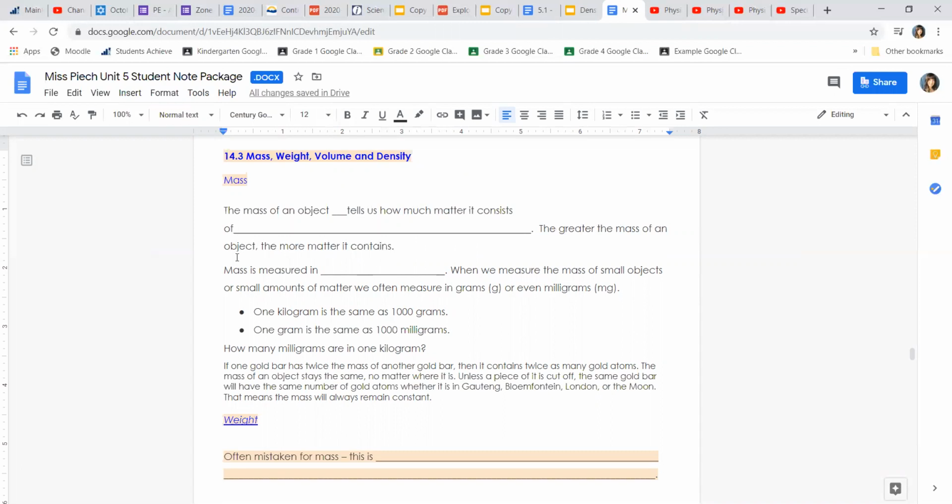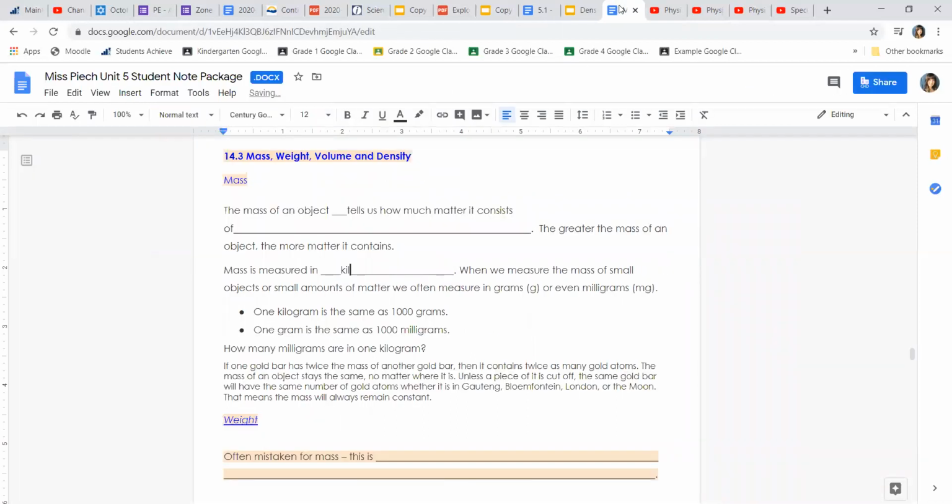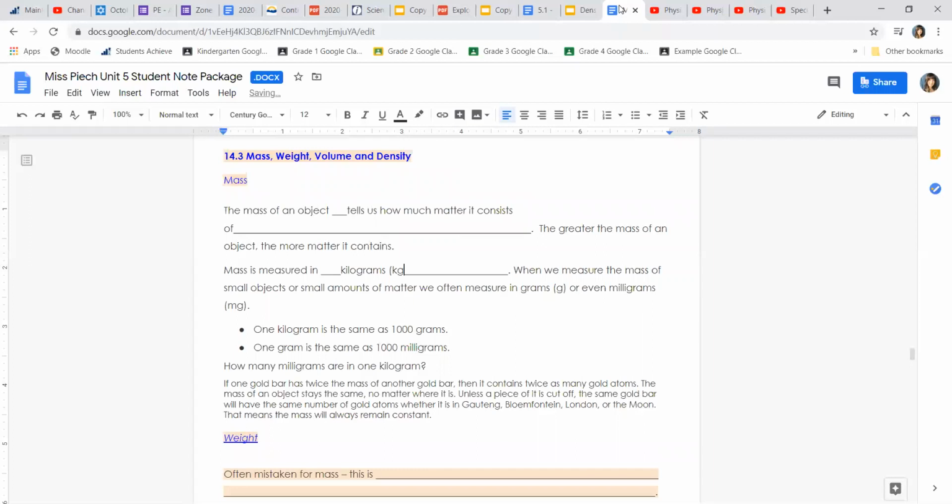And obviously if you have a greater mass, that means it has more matter in it. And mass is measured, I'm not sure if you noticed it on here, in kilograms. So that's why they had that video talking about the 1 kilogram weight that they created. Measured in kilograms, you'll also see that as kg. That's an abbreviation for kilograms.